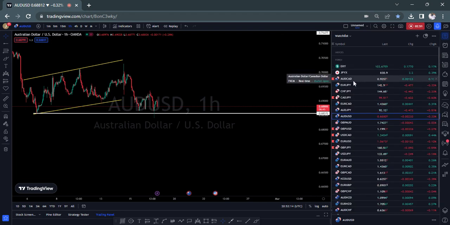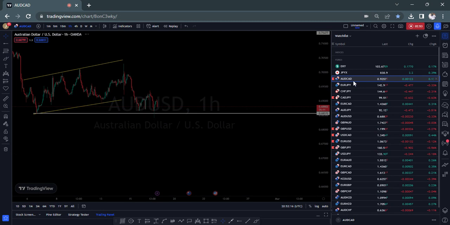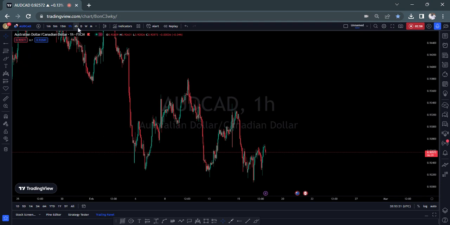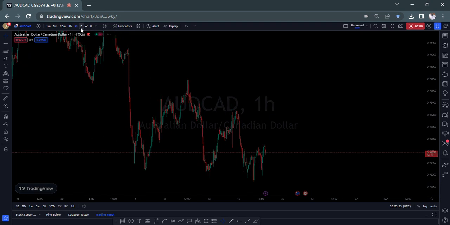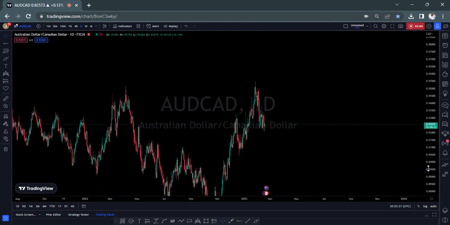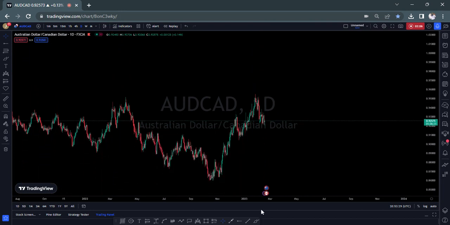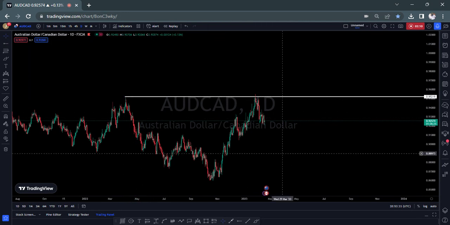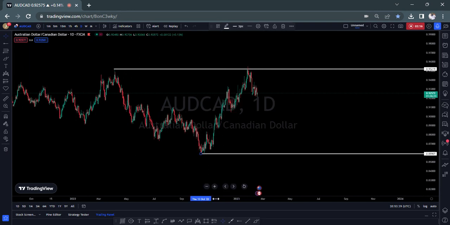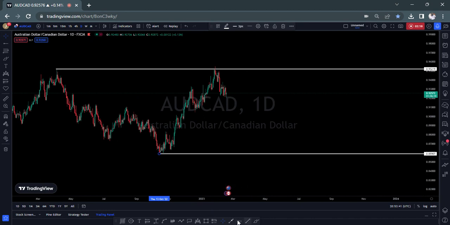So I have AUD CAD. I'll be taking you guys through how I analyze using a top down approach. Yeah, so I mark out the low and the most important levels here.